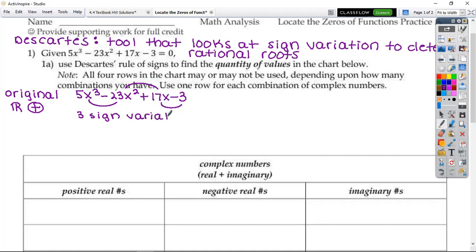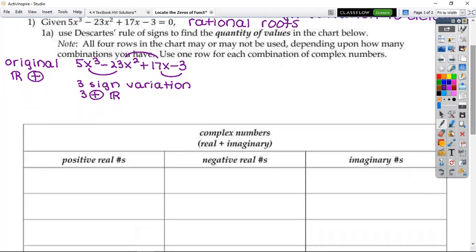And what that means is we may have 3 positive reals. Okay. So I go down to my chart and I can have 3 positive reals. Now this polynomial was a degree 3. So if we have 3 positive reals, how many of these are we going to have? None. How does that help you?